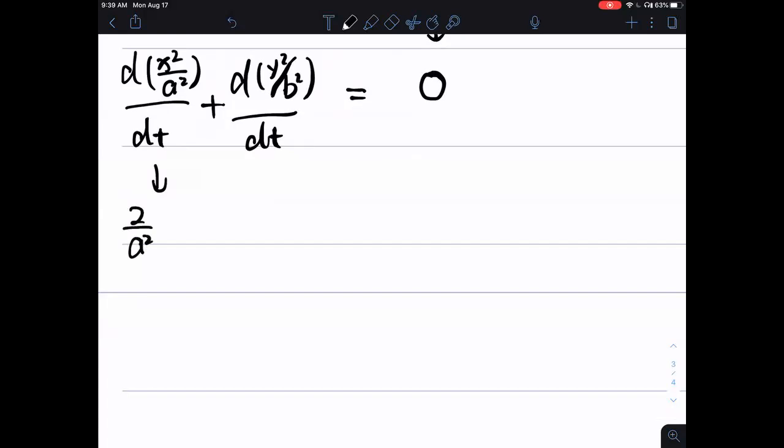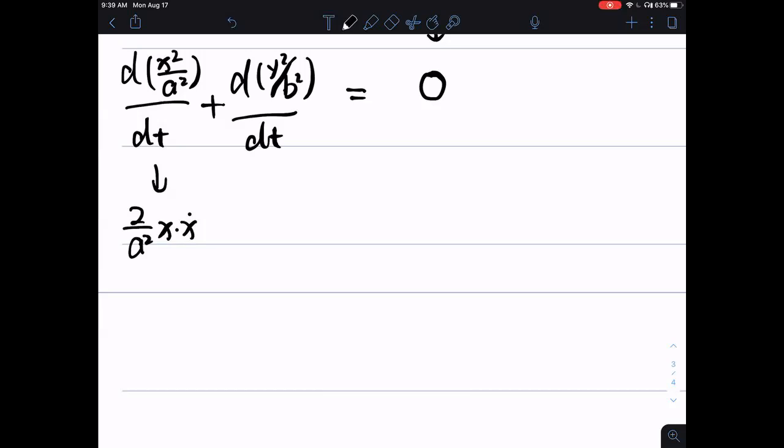The time derivative of x squared over a squared is 2 over a squared times x dot.